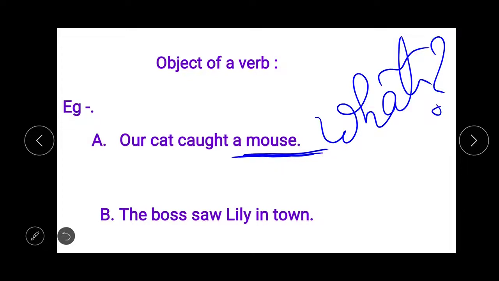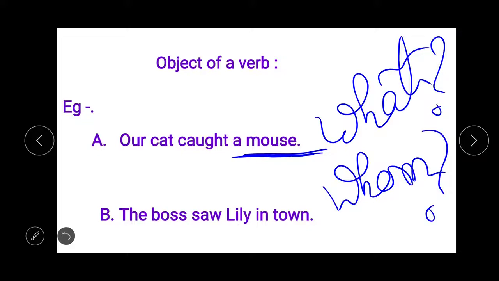Now, in case of sentence B, if we question, whom did the boss see in town, then of course your answer is Lily.